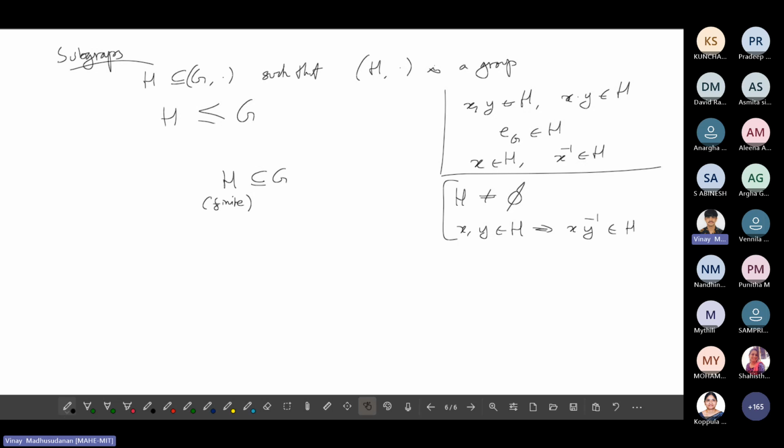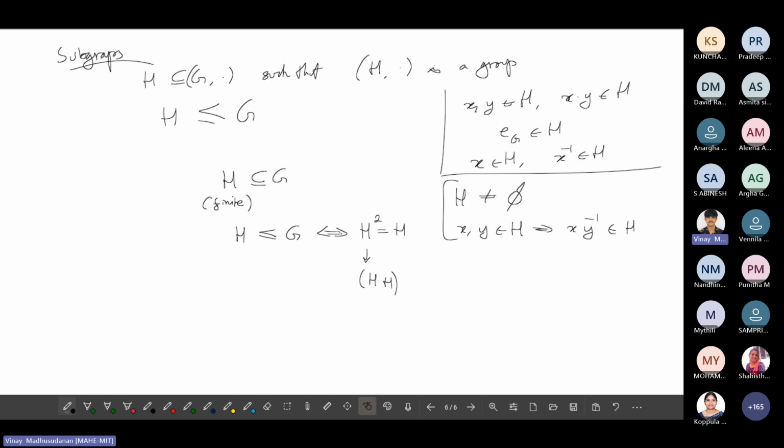Okay, so suppose G is possibly infinite or finite, whatever, but H is a finite subset. Then I claim that H is a subgroup of G if and only if H square equal to H. What is H square? HH means we defined already AB notation, right?